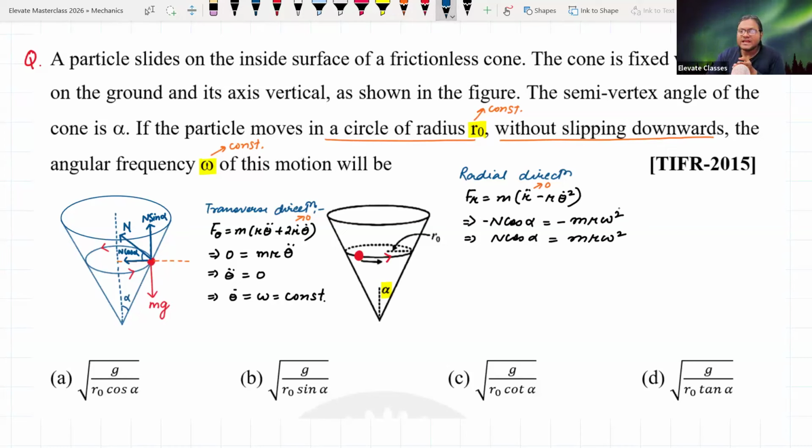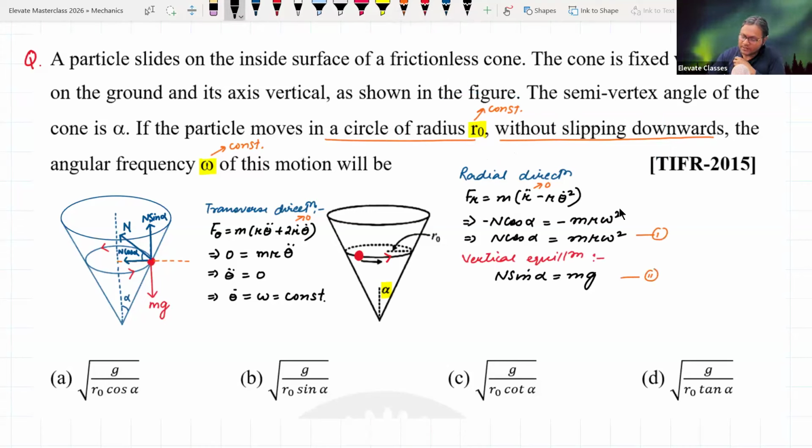Now, in questions like these, there is one additional condition. Why? Because without slipping, it is moving at constant radius, which means the vertical equilibrium condition comes in. It means vertically it is at a constant height. So in vertical equilibrium condition, you have N sin alpha is equal to mg. Right? So I have this equation, and I have this equation.